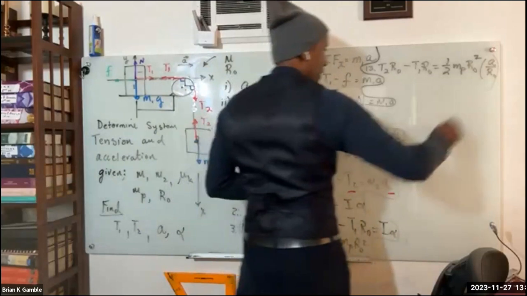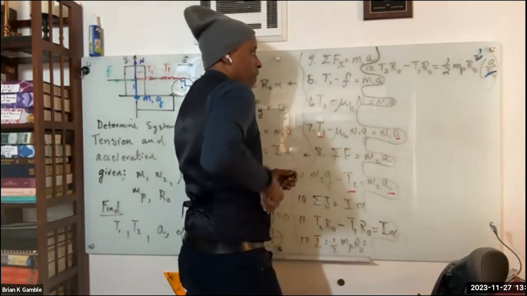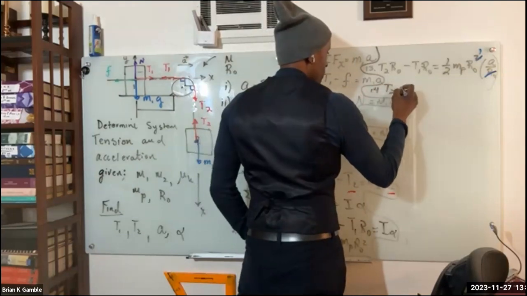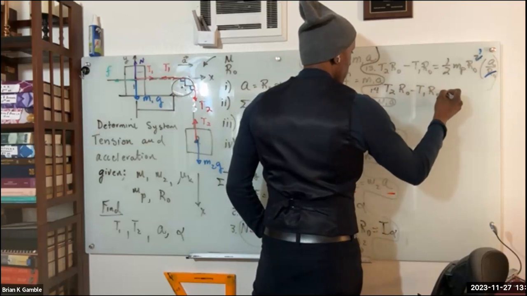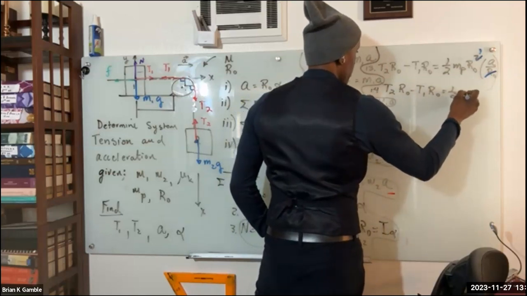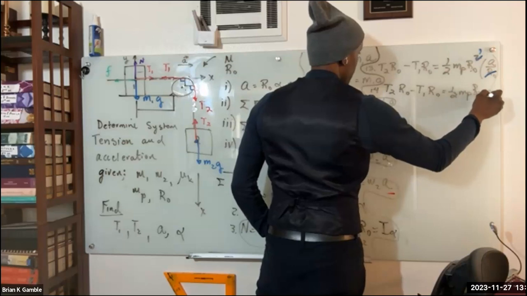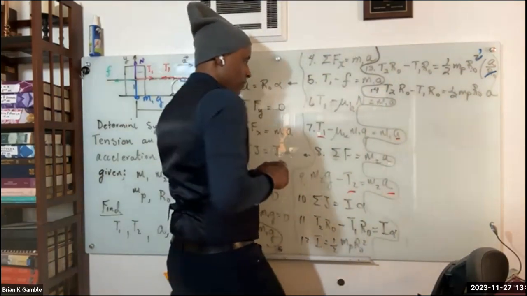So one R naught cancels here. I get one left here. And that becomes T2 R naught minus T1 R naught equals 1/2 M_P R naught is left. And then I have an A. Now, all the R naughts cancel.